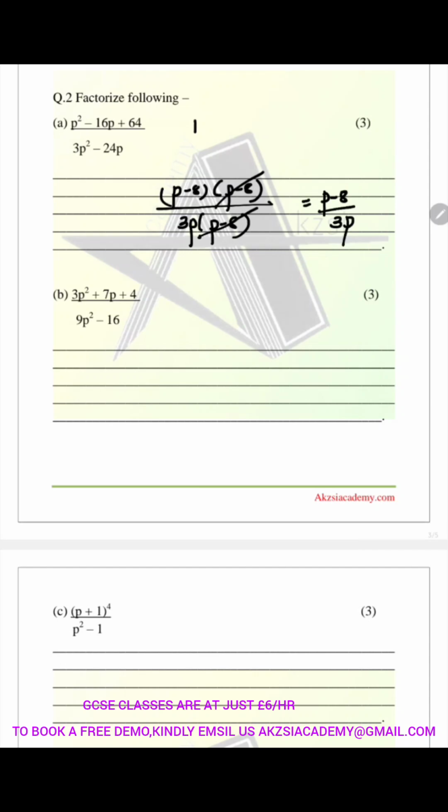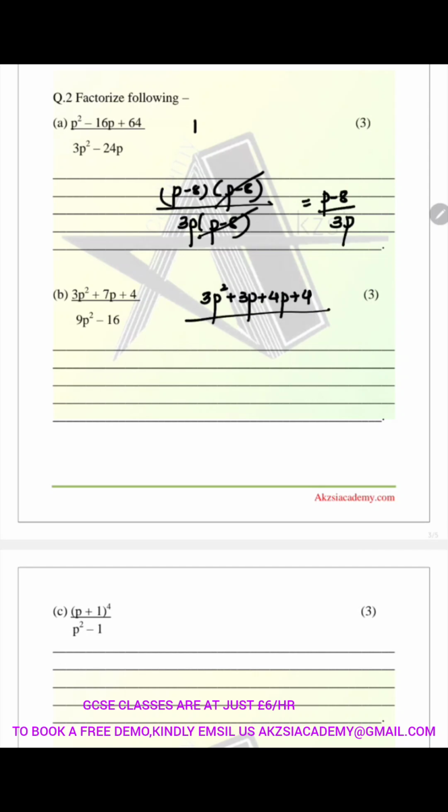Moving on to the next part. The sum is 7 and product is 12. The two numbers are 4 and 3 clearly. So splitting the middle part, 3p² + 7p can be written as 3p² + 3p + 4p + 4.